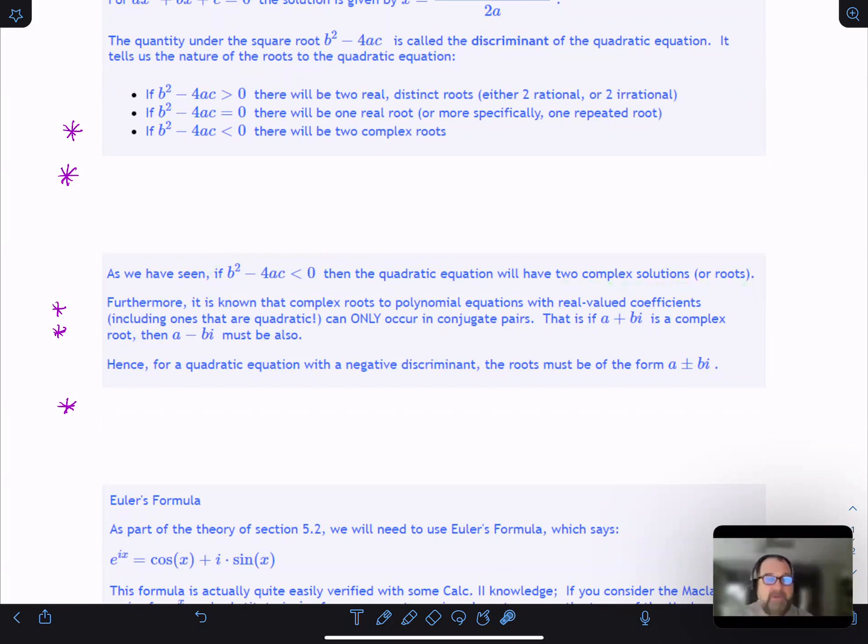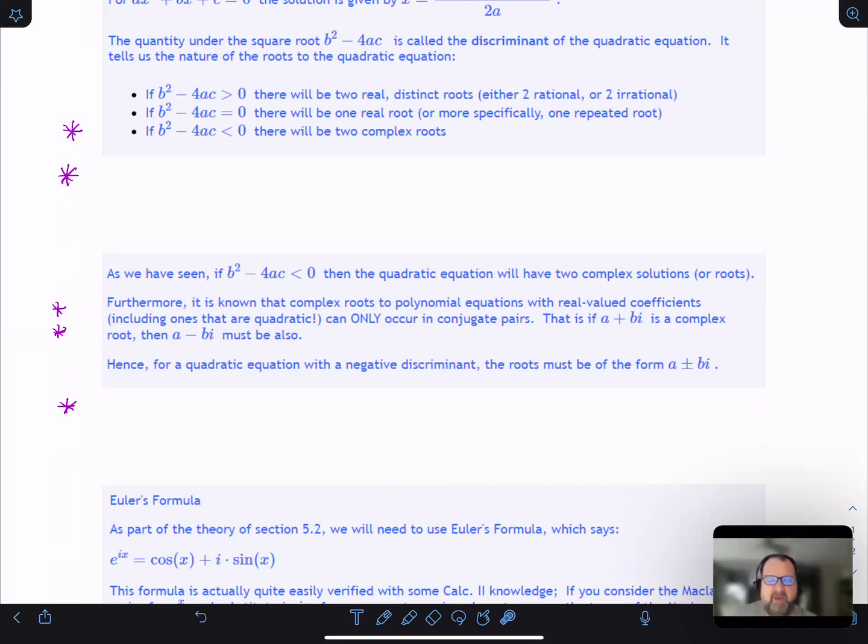So a couple of useful notes about complex roots to a quadratic, or in fact a polynomial equation. Number 1 is that complex roots can only occur in conjugate pairs. And so that tells us that if a plus bi is a complex root, then its conjugate, a minus bi, must also be a root.